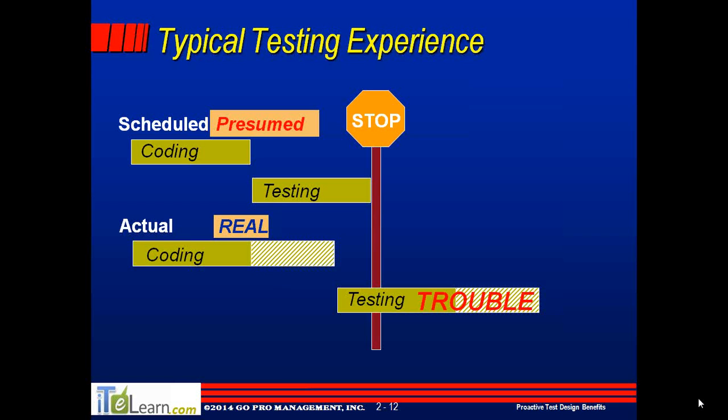Now, I challenge any of you to go to anybody in your organization and ask them to describe your software development and testing process, and have any of them say, we plan the coding and testing to be done by the deadline, we blow the coding, we take longer for that, we squeeze the testing, and we deliver trouble.